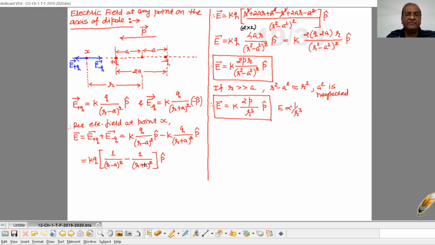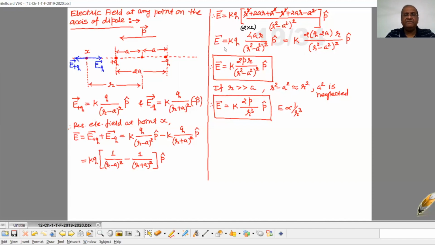Then the numerator: (r plus a) whole square multiplied by 1 and (r minus a) whole square with minus 1. So resultantly, we will get kq into bracket r square plus 2ar plus a square minus r square plus 2ar minus a square. So r square and a square cancel.